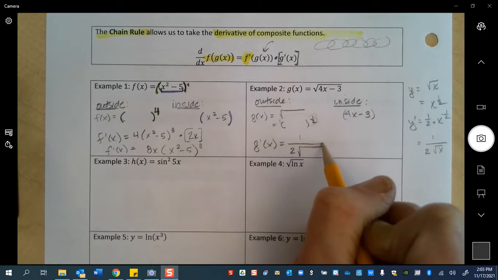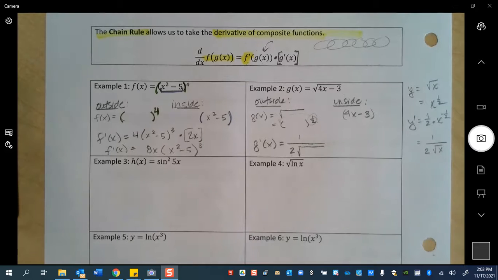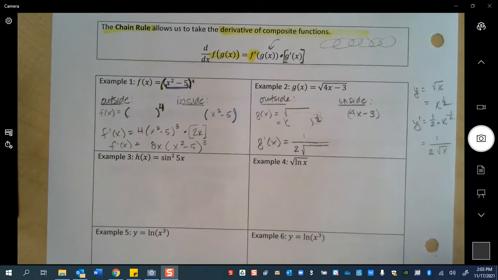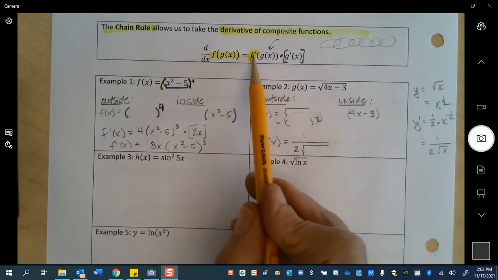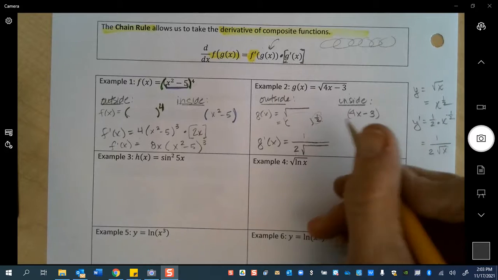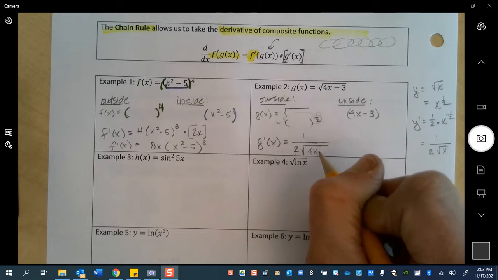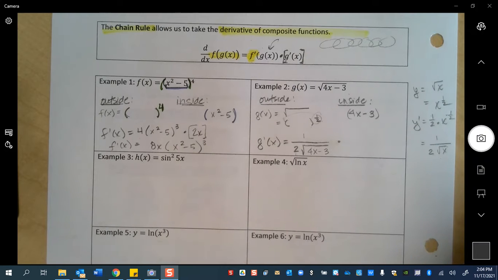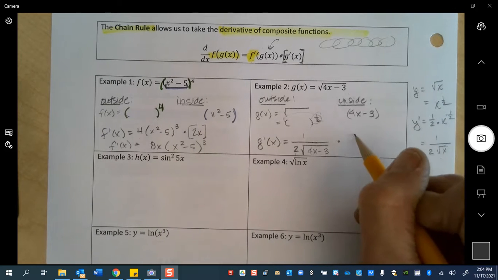The negative 1/2 power does 2 things. It moves it to the denominator and calls it a radical. All right, so that's my derivative, and I have to put that function inside. So that's going to be 4x minus 3.